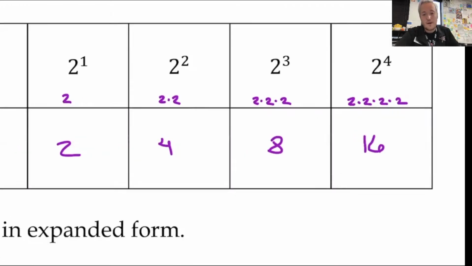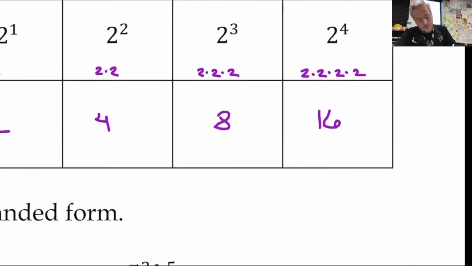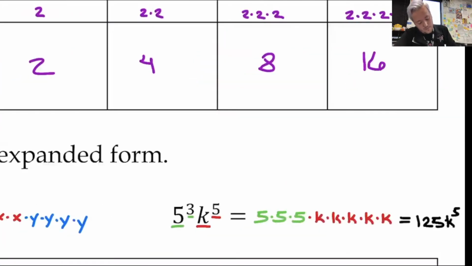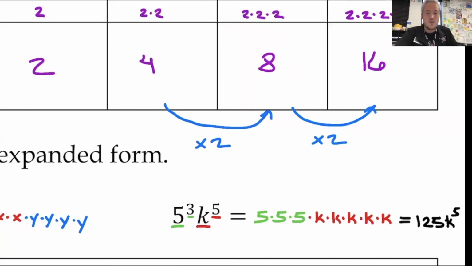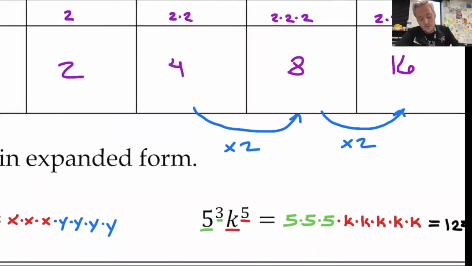If you notice a pattern, we're doubling each time. So every time I go to the right, I'm going to multiply by 2. If I want to go to the left, that means I would need to do the opposite.